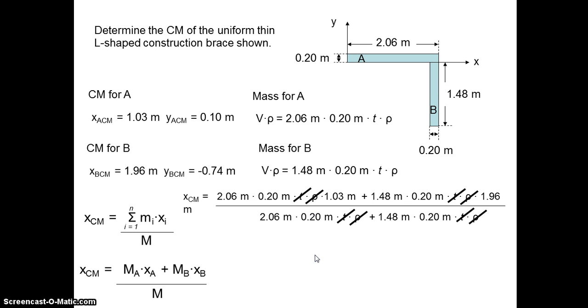Now I can just plug and chug, and I get the center of mass in the x direction being about 1.42. So maybe somewhere in here. So somewhere along this line is the center of mass. Definitely not up there, but somewhere along this line.